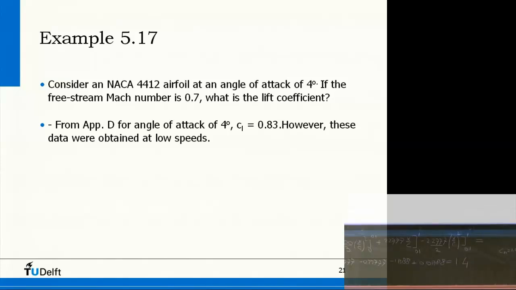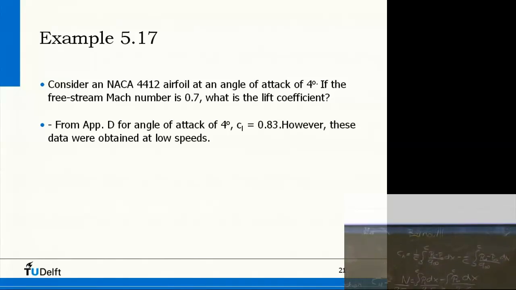So please note, Mach number is 0.7, so we cannot do the incompressible lift coefficient, right? However, incompressible lift coefficients are stored, and for this NACA airfoil, you can look it up in the Appendix D, that the CL is actually 0.83. So that is the CL0. The incompressible lift coefficient is 0.83.